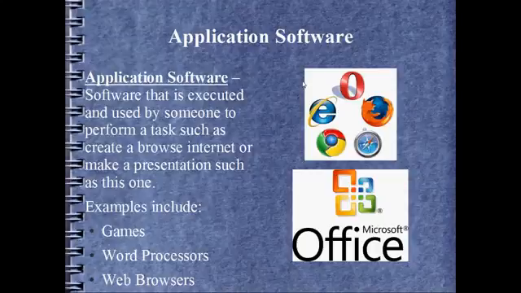That's really just used to perform a task. It doesn't really control hardware. Good examples are games, word processors, web browsers. And it really just deals with what the user wants and what the user needs rather than controlling anything.